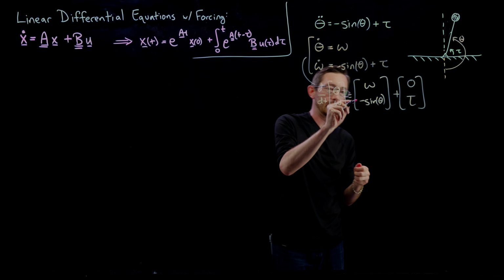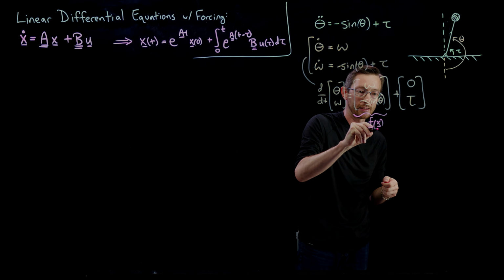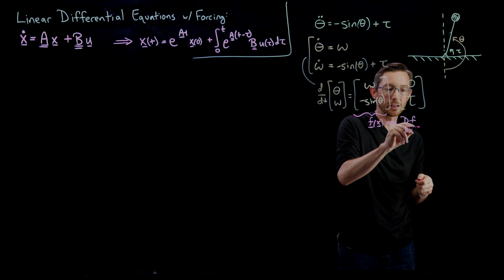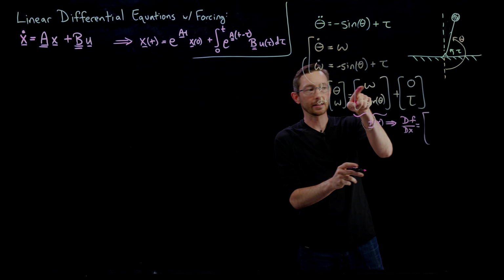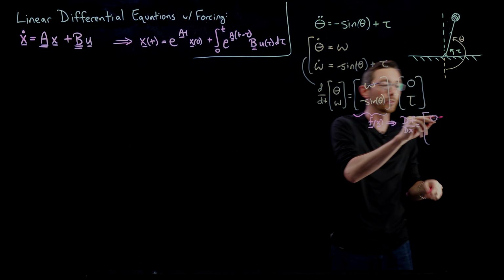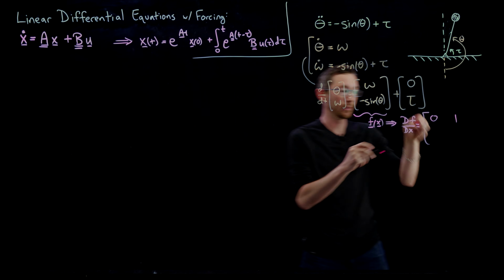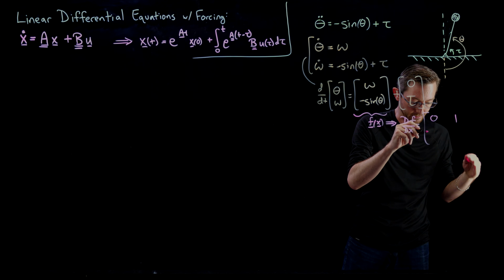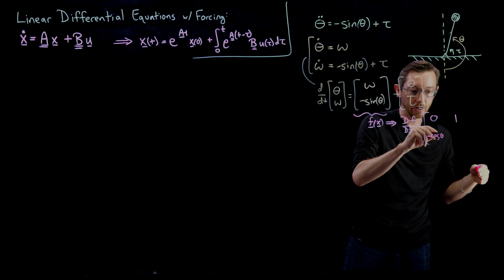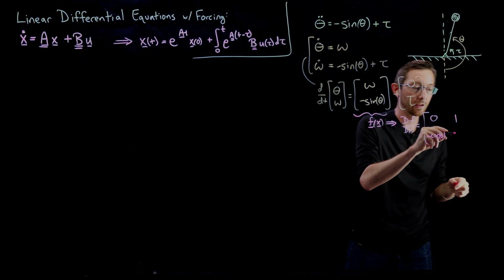Okay, so I take the Jacobian of this. We know how to do this. Let's call this f of x. Then the Jacobian df/dx is going to equal the partial of this with respect to theta, which is 0, partial of this with respect to omega is 1, partial of this with respect to theta is minus cosine theta, and partial of this with respect to omega is 0.